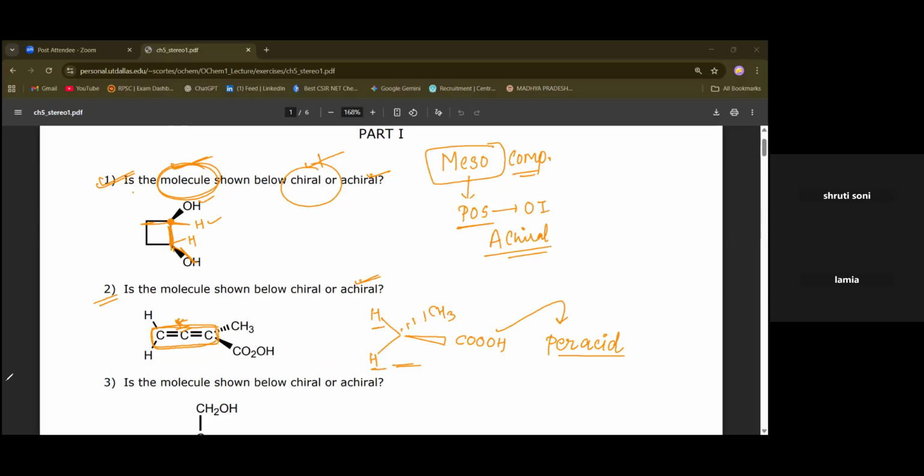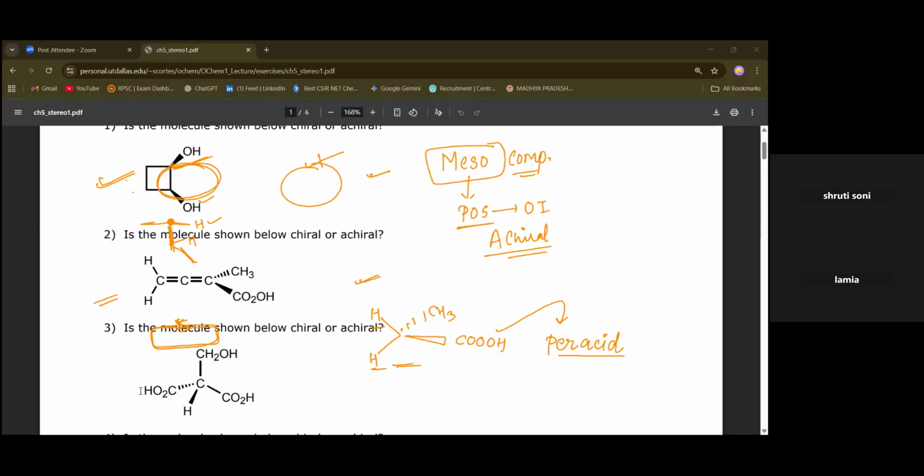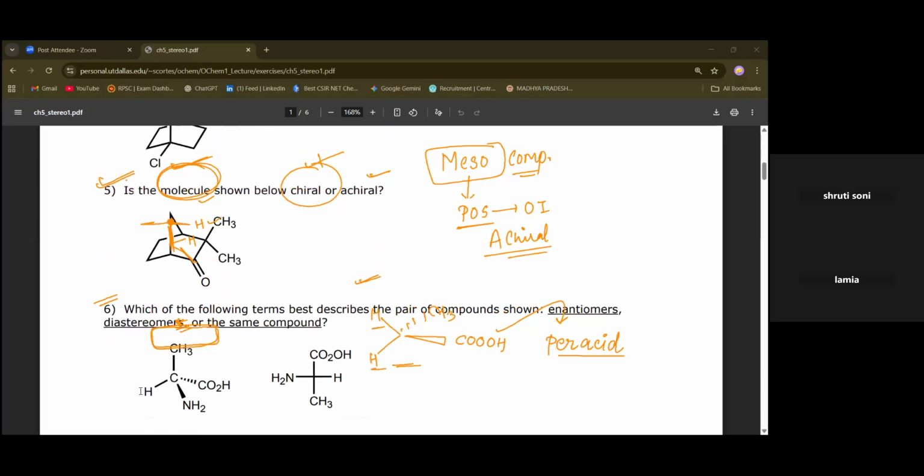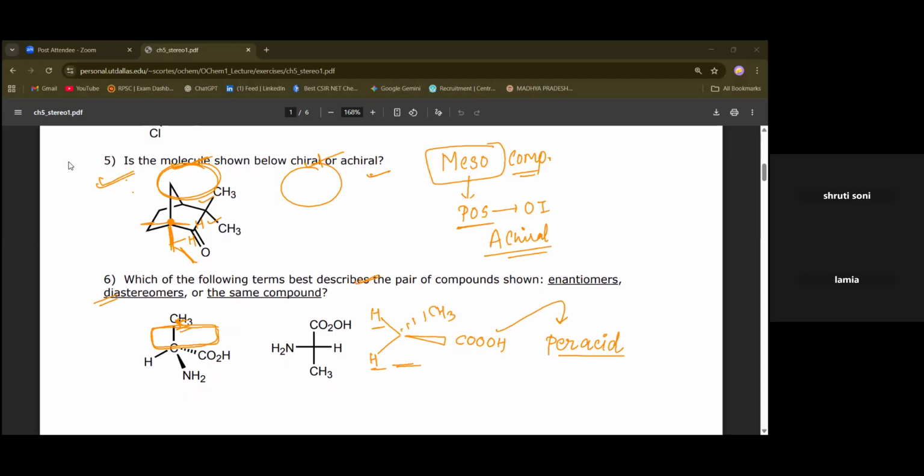Now we will move further. We did first, second, third, fourth, and now comes the fifth and sixth question. Let's do the fifth and sixth question.